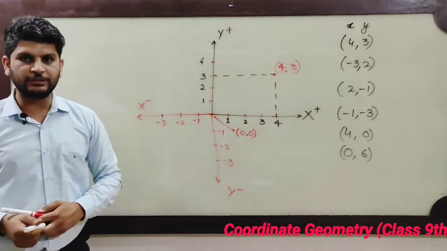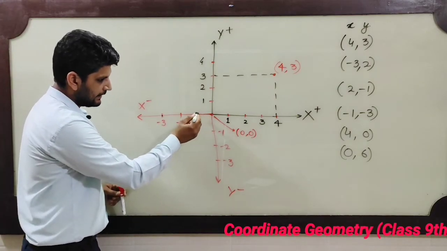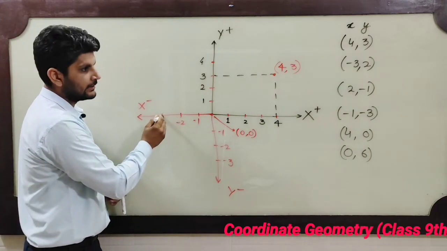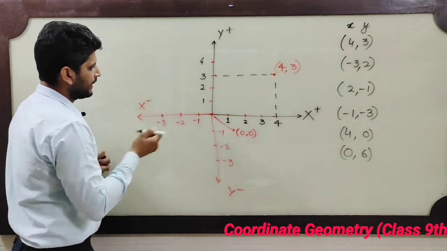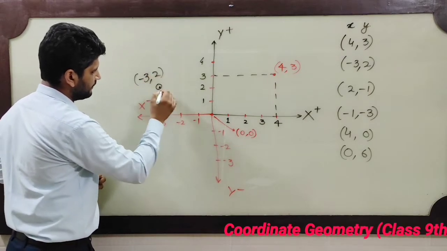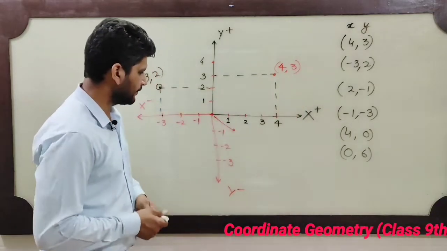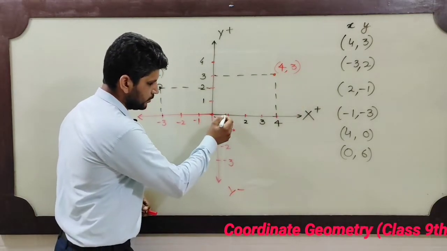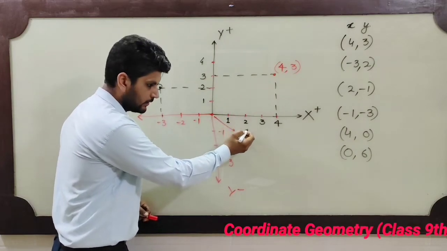The second point is -3, 2. From the origin, -3 toward the x-axis, this side: -1, -2, -3, and 2 toward the y-axis. 2 means positive: 1, 2. This point is -3, 2. Next, 2, -1. From the origin, 2 toward the x-axis, because that is positive, and -1 is downward from the x-axis.